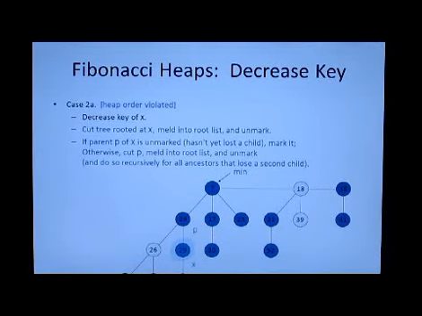In case 2, decrease the key of X, where the parent is 24. Heap order is violated. Cut the tree rooted at X, meld it into the root list, and unmark it. If parent P of X is unmarked, it means it hasn't yet lost a child, so mark it.